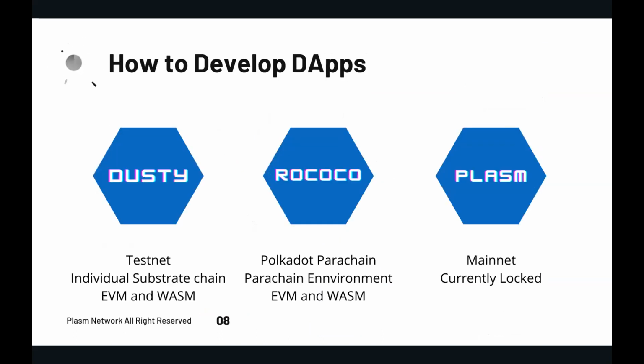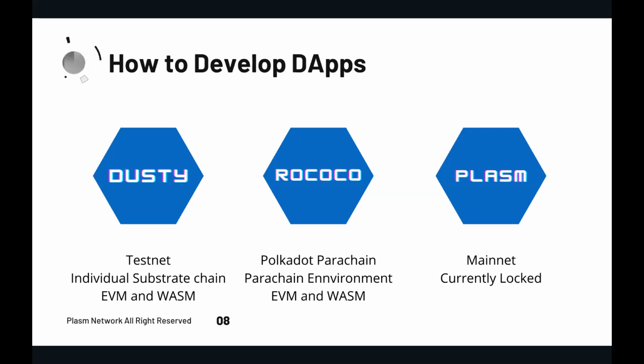Cool. I'm going to briefly talk about how to develop decentralized applications on top of Plasm Network. We have 3 networks right now: the Dusty Network, Rococo testnet, and Plasm. The Dusty Network is an independent testnet, which is just a substrate chain, and we support the Ethereum virtual machine as well as WebAssembly on it.